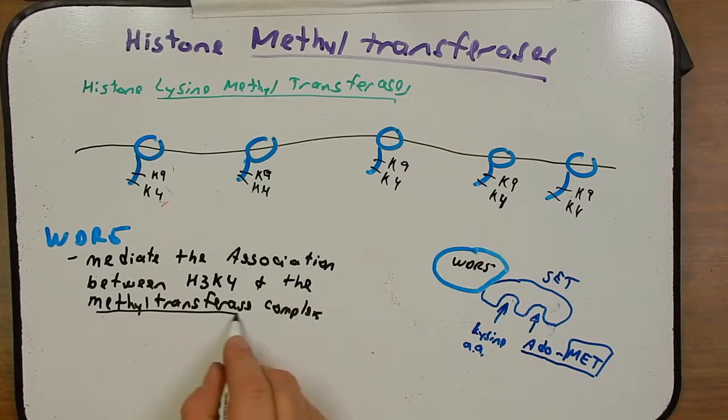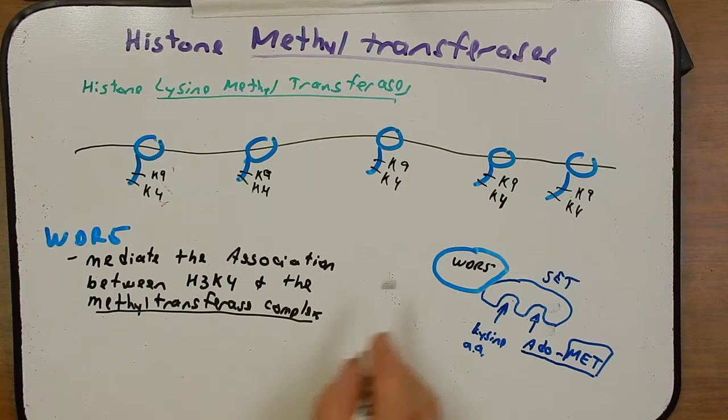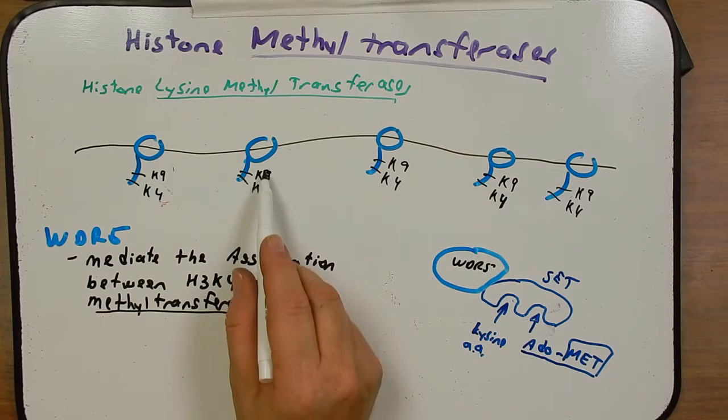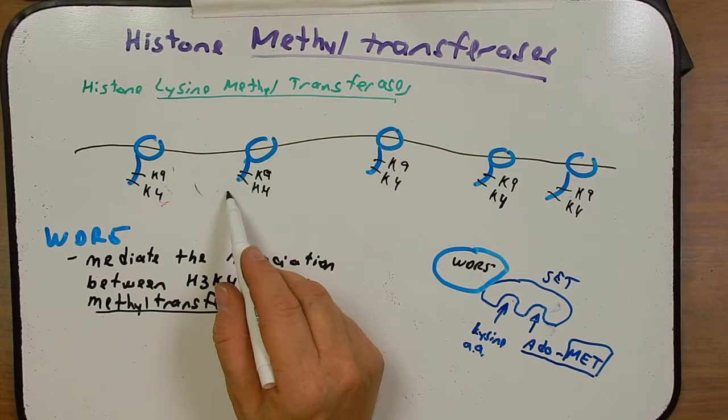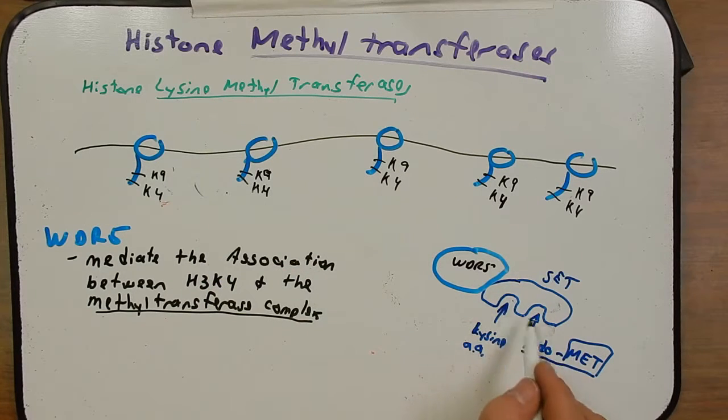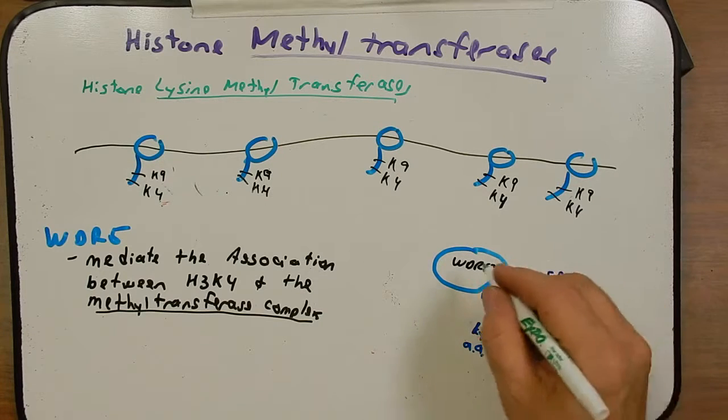And when I say methyltransferase complex, I'm talking about the SET domain here. So WDR5 is able to identify these locations. It brings in the SET domain here to carry out this catalytic event of adding a methyl group to that lysine. There are two other proteins involved here.